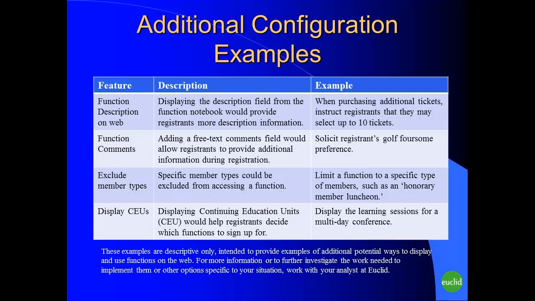For example, it is possible to add a free text field to a function, such as to allow registrants to indicate a golf foursome preference, or to display continuing education units for functions, so that registrants can decide which to sign up for. The examples on this slide are descriptive of past configurations. Each configuration meets specific business needs, however, and will require additional hours to implement. Work with your Euclid analyst as needed.